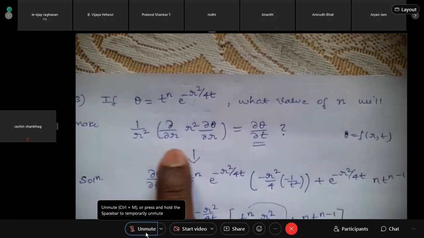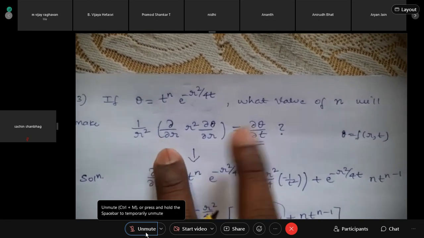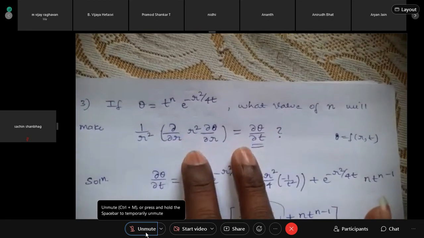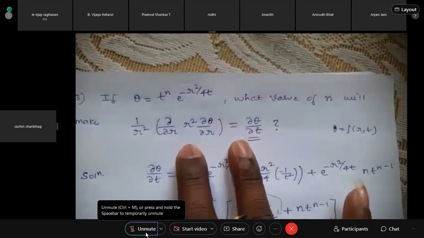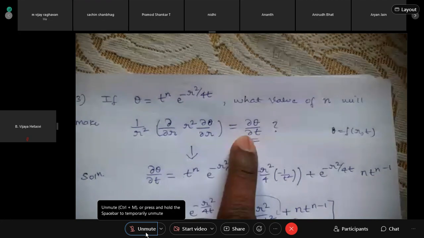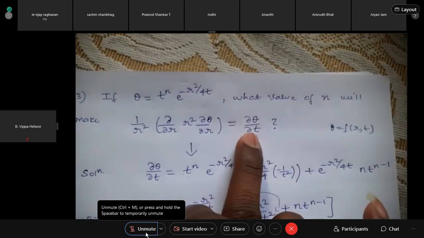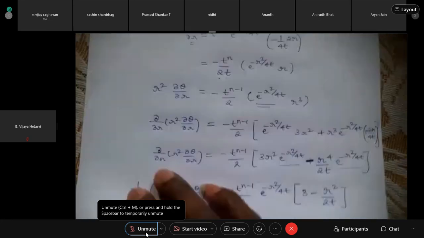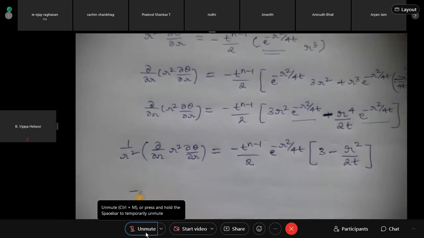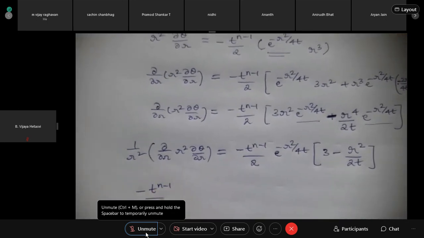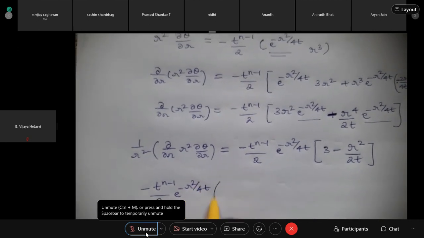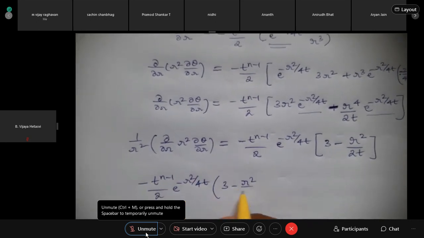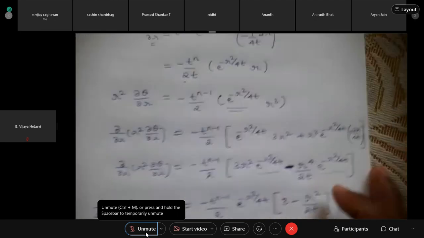The only thing remaining now is to compare these two. Have I got dou theta by dou t? We equate them, cancel some terms and get the value of n. The left hand side, I will write as minus t to the power of n minus 1 divided by 2, e to the power of minus r square divided by 4t, into 3 minus r square divided by 2t, which should be equal to dou theta by dou t.